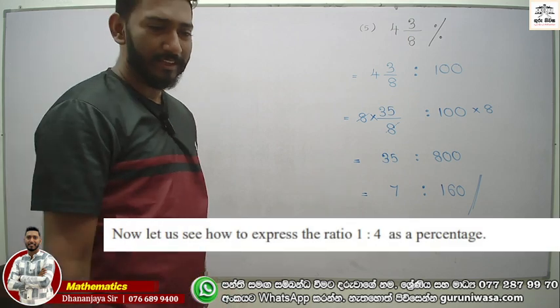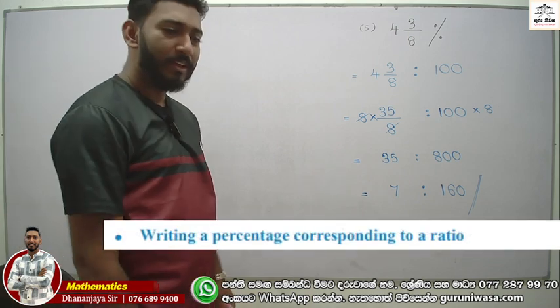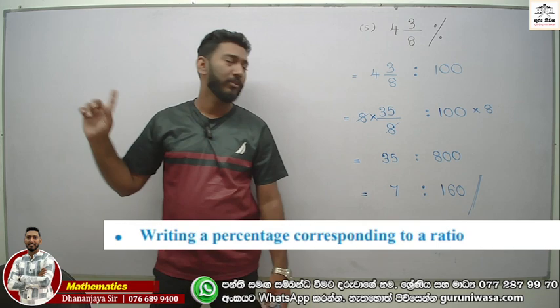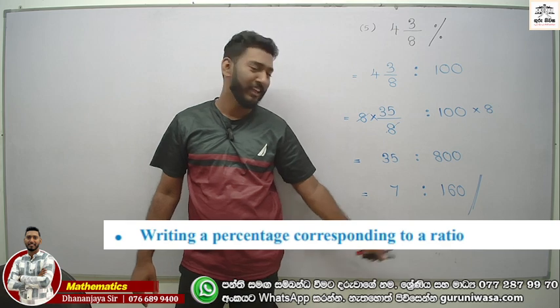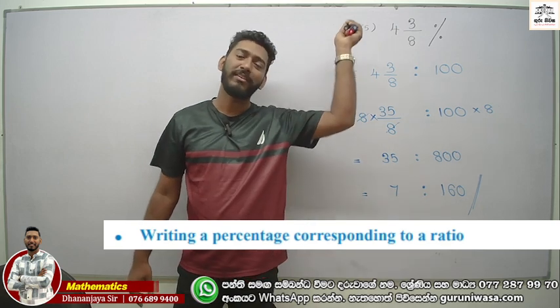Now another reversal thing about this one. Now we did how to change a percentage into ratios. Now what is the reversal? A ratio you need to write as a percentage.